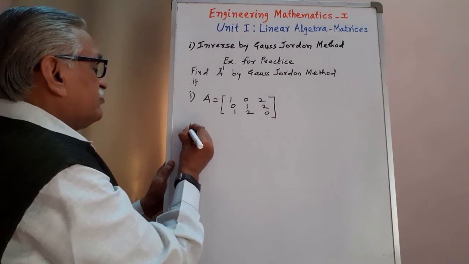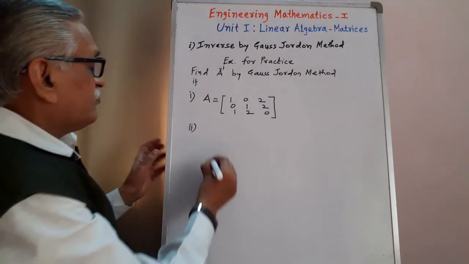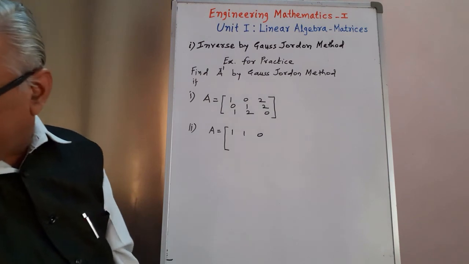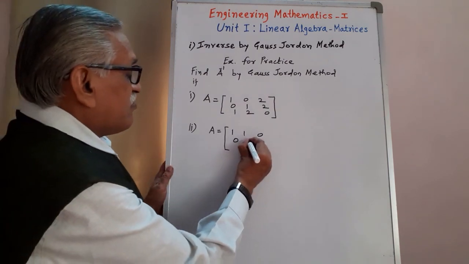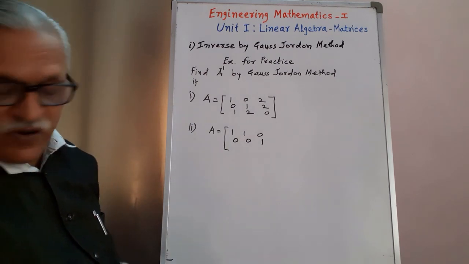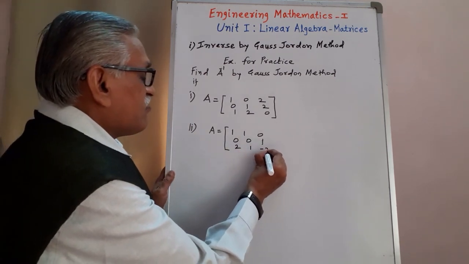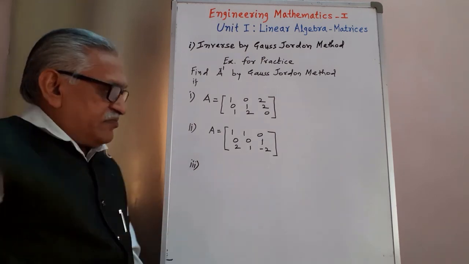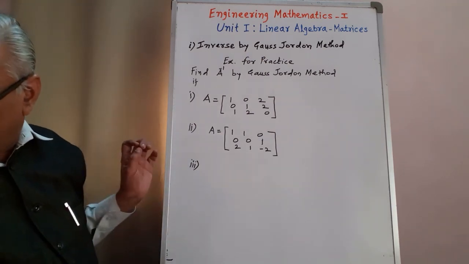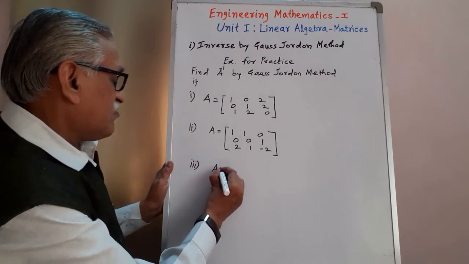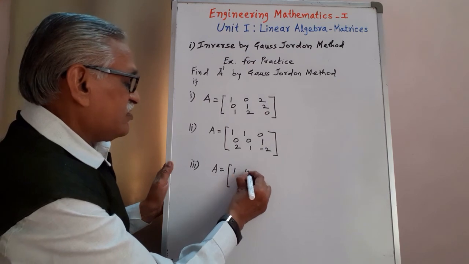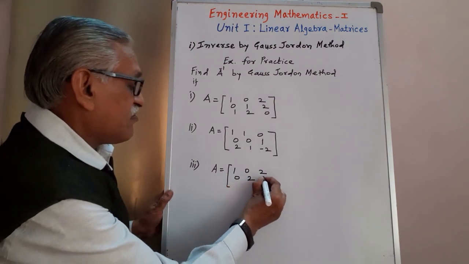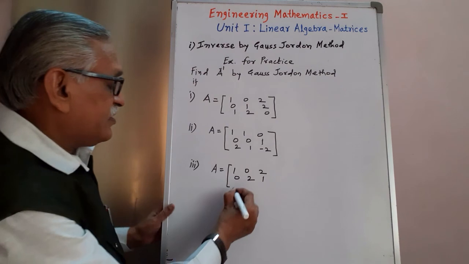Second example: [1 1 0; 0 0 1; 2 1 -2]. Third: [1 0 2; 0 2 1; 2 0 3].